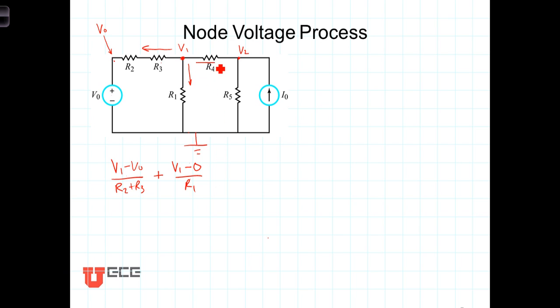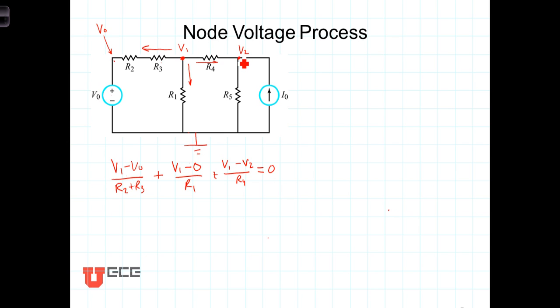And finally, the current leaving node 1 going to the right would be the voltage at the left-hand side of that resistor, V1, minus the voltage at the right-hand side, V2. So V1 minus V2 divided by R4 represent the sum of the 3 currents leaving that node, and the sum of those 3 things must equal 0.